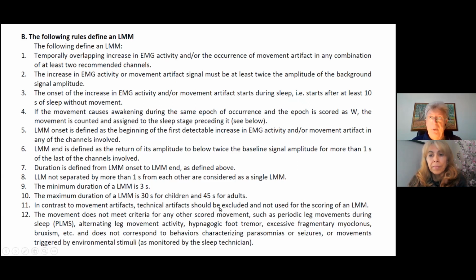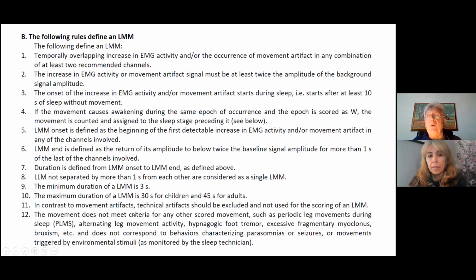And in the examples that will follow, we will probably see movement artifacts. Technical artifacts are due to the detachment of an electrode that is not attached very well, or the intrusion of some main power interference, and so on. But all people who score PSG know how to differentiate between these two types of artifacts.